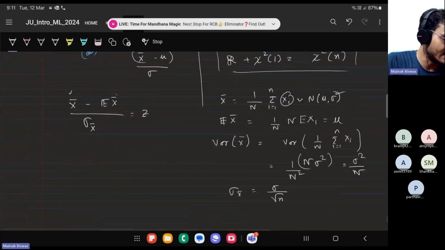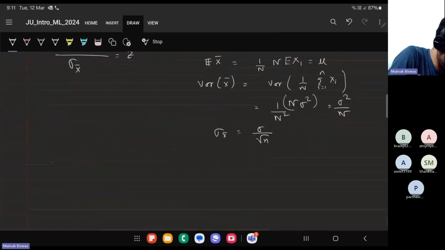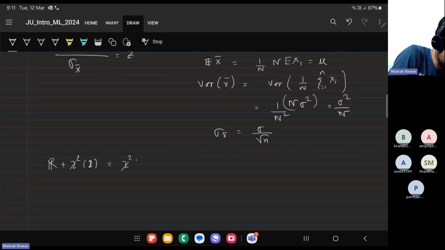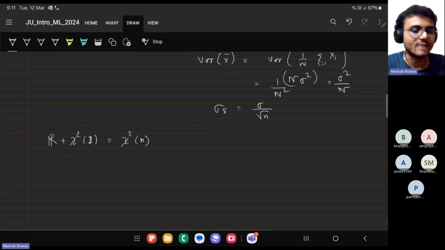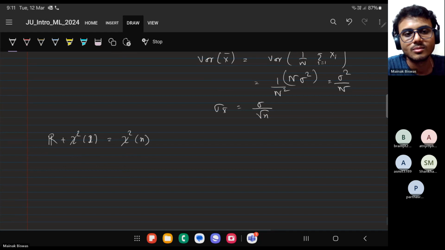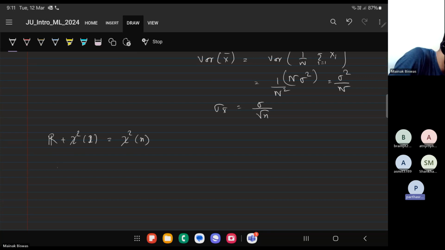So now you see I get this equation: R plus chi square 1 is equal to chi square n. So now help me to use the MGF. How will I do it? What will I do? I need to find the left hand side and the right hand side.